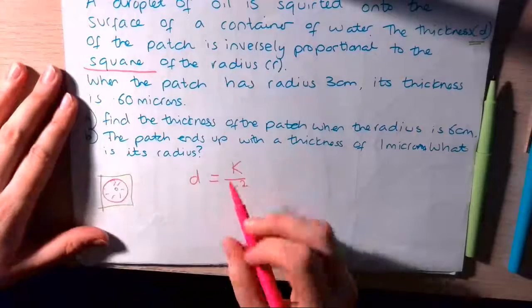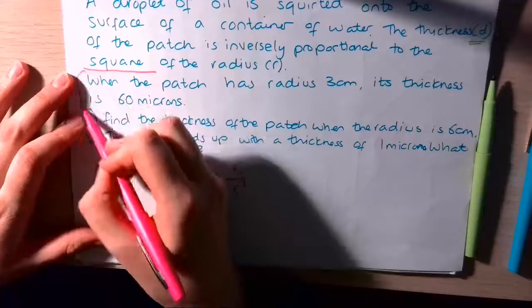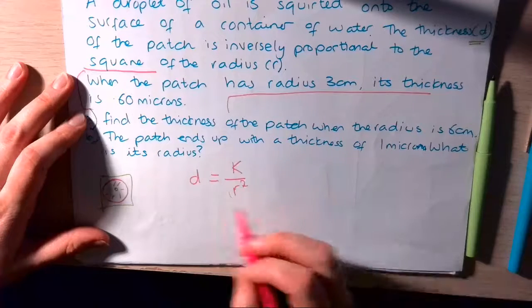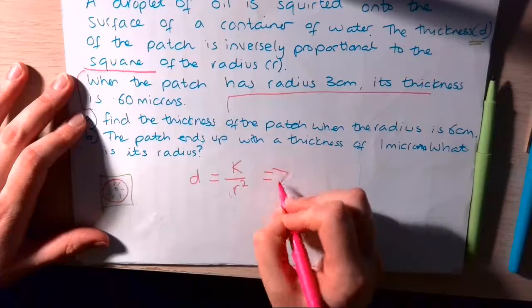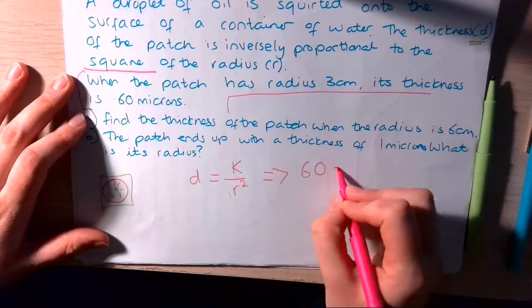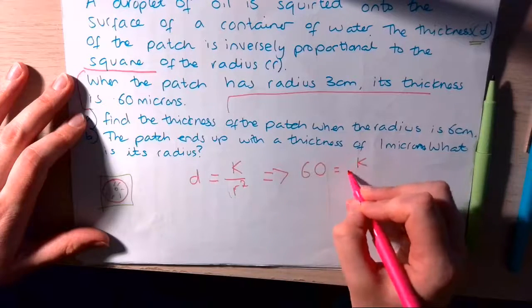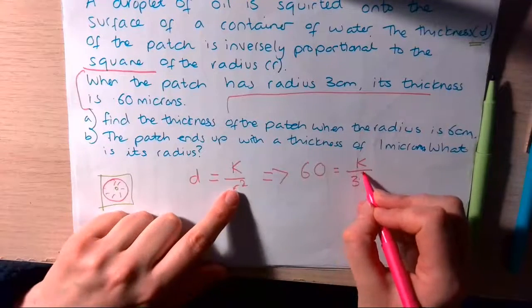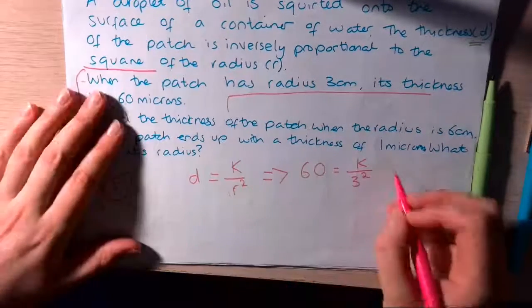So now we've got that, we can plug in. We've been given one situation here: when it's got radius 3, the thickness is 60 microns. So d is going to be 60 equals k over, and it's 3 centimetres, and that is 3 squared though, don't forget the squared.